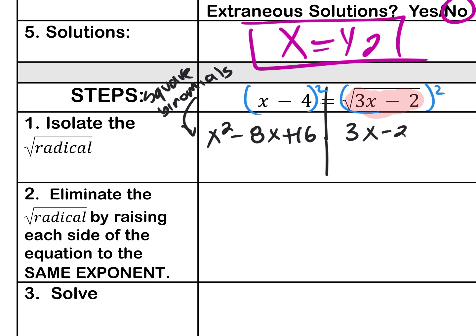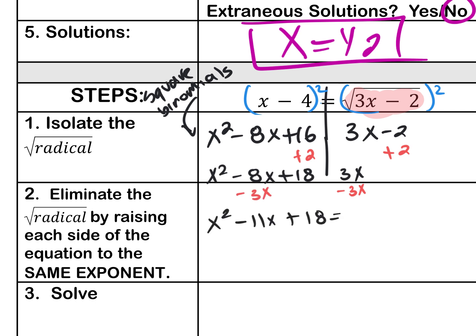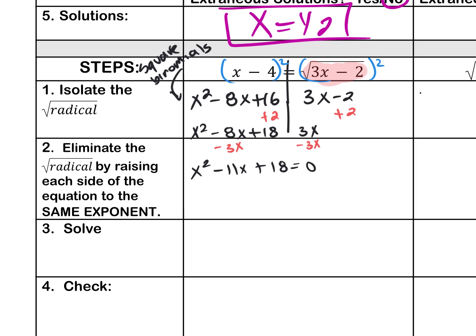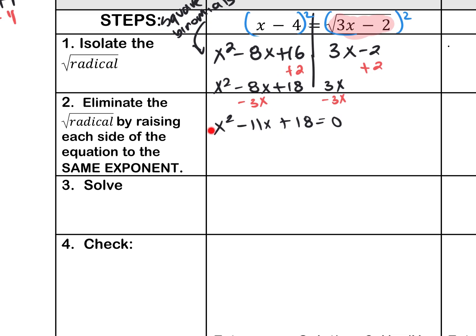Now I can solve. To solve, I'm going to move everything to one side of the equation. Go slow, one step at a time. Start by adding 2 to both sides. And then moving the x. That's x squared minus 11x plus 18. Now that I have it like this, I have a quadratic equation, which I need to solve for x.